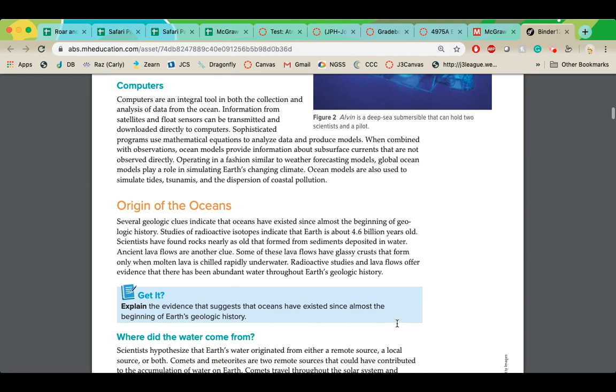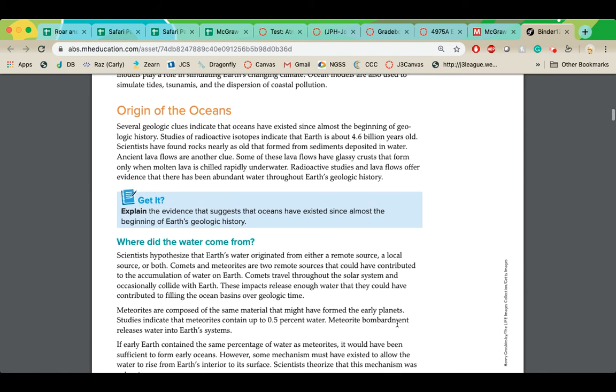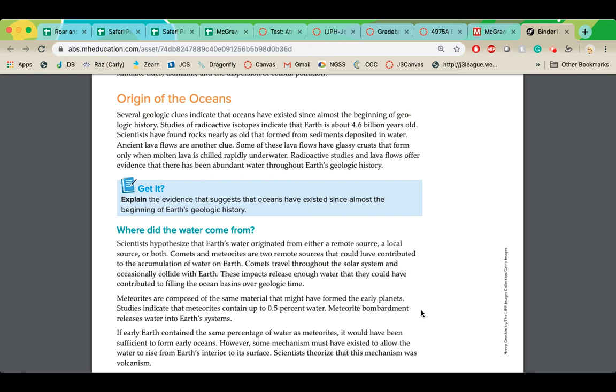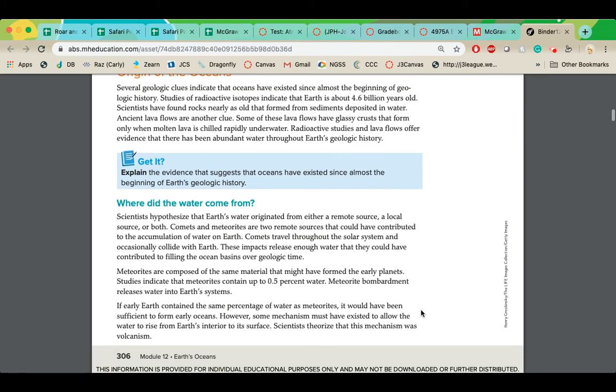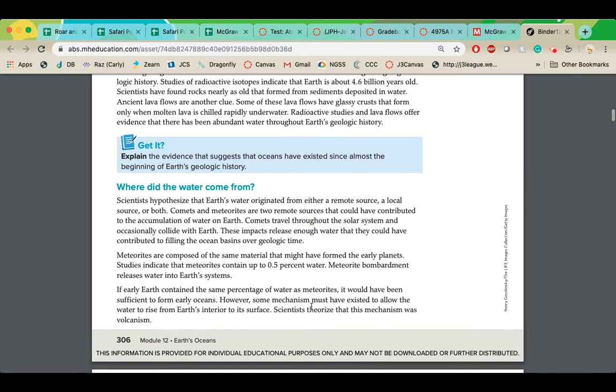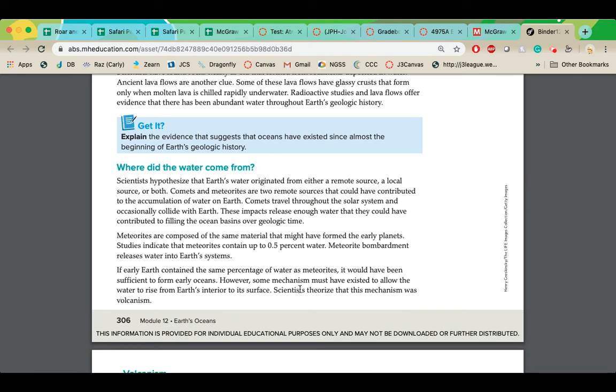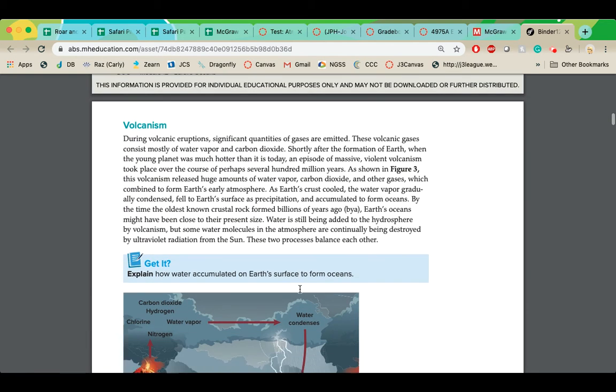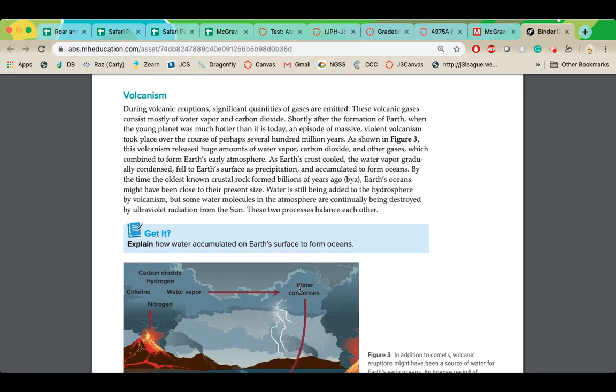So where did this water come from? Remote sources, remote off of the earth, meaning things that came and hit the earth. You could have comets, you could have meteorites. And then some of the water had to come up from deep inside of the earth, and this actually happens during volcanic eruptions.